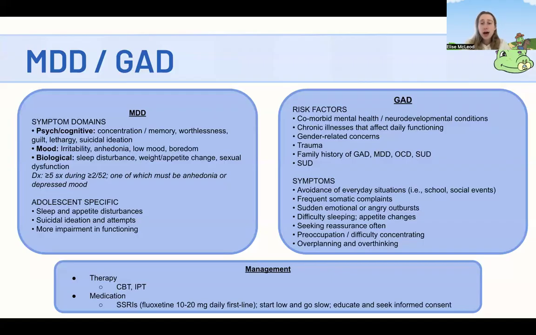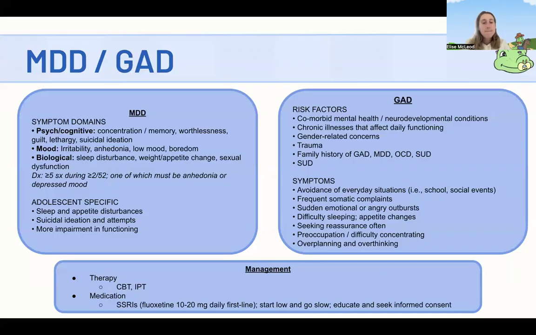Symptoms might involve avoiding school and social events, frequent somatic complaints like stomach aches that often resolve on the weekends, for example. Sudden emotional or angry outbursts. They might have trouble with sleep or appetite again, seeking reassurance, being preoccupied with their thoughts, and over planning and overthinking.